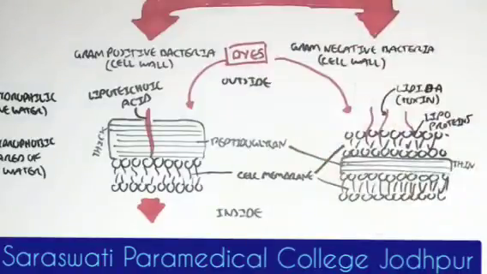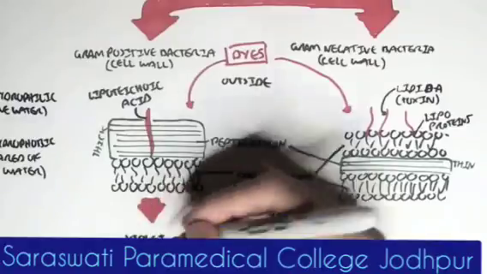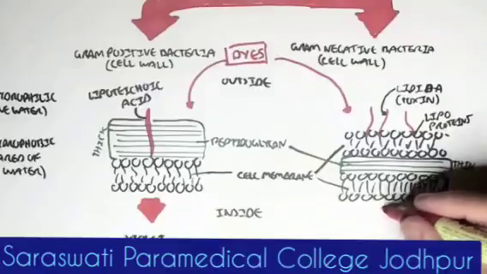I'll make a video hopefully on how this process works, but essentially the bacteria with a thick peptidoglycan layer and one cell membrane will have the crystal violet color, which is a bit purplish at the end, and a bacteria which has two cell membranes and a thin layer will have a pinkish red color.